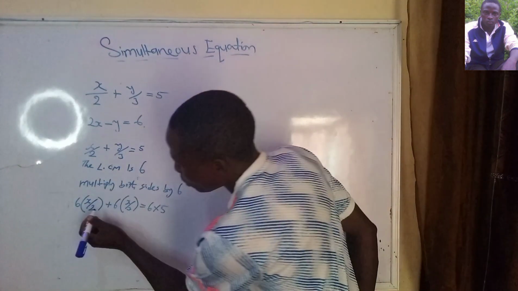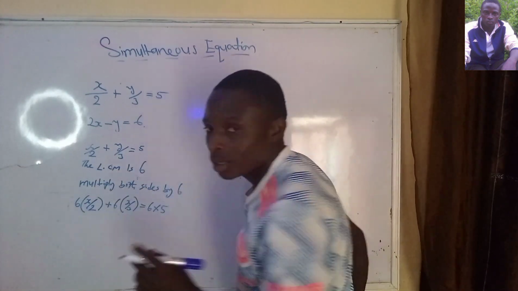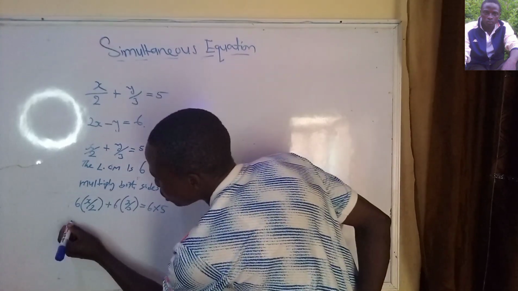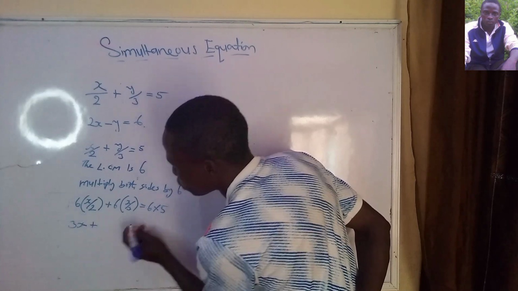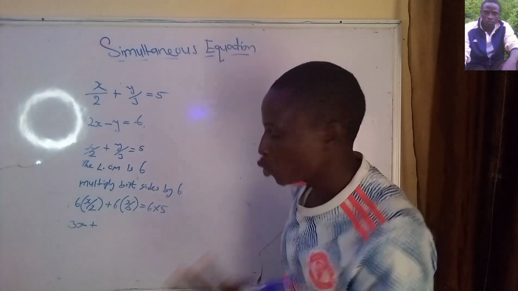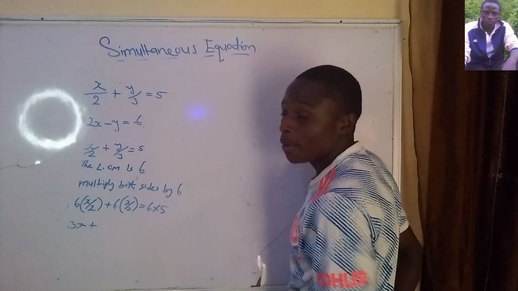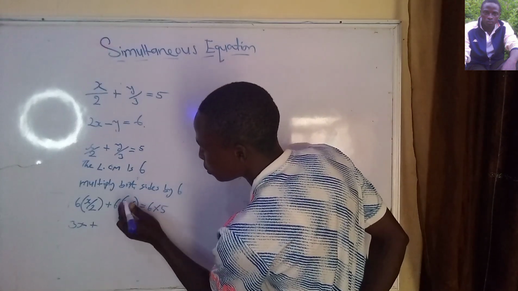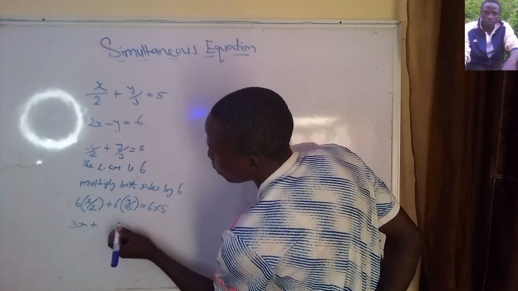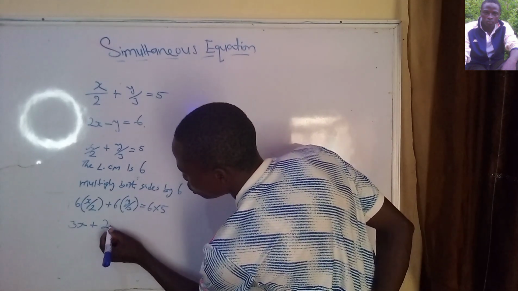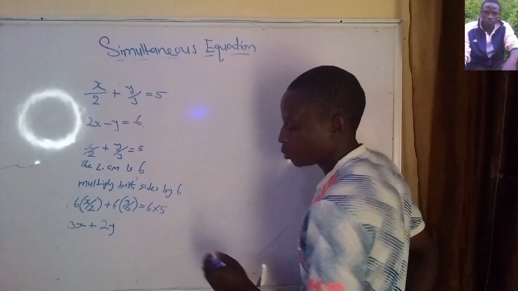So now, 2 will go into 6, 3 times. 3 times x is what? 3x. Plus 3 will go into 6, 2 times. 2 times y is 2y.